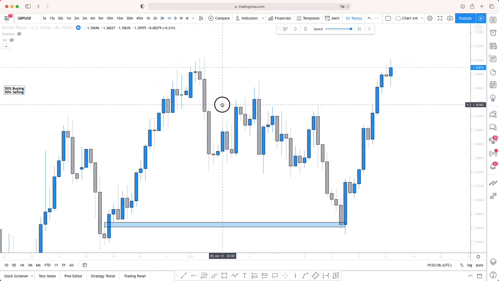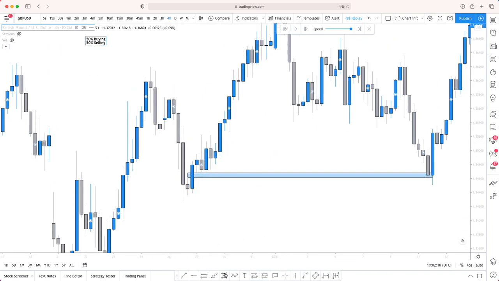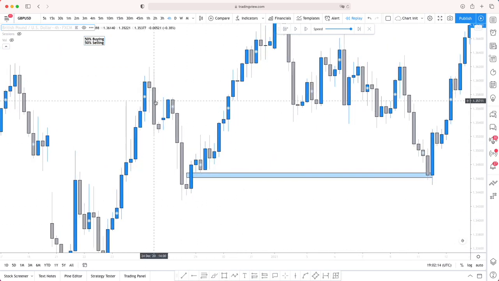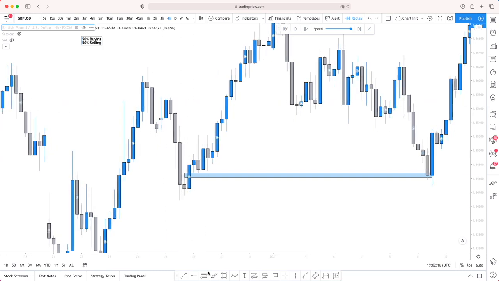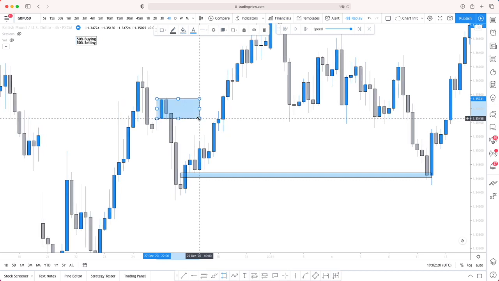Same with a bearish move. So when we pick this order block, for example, here, we refine it to the next candle.